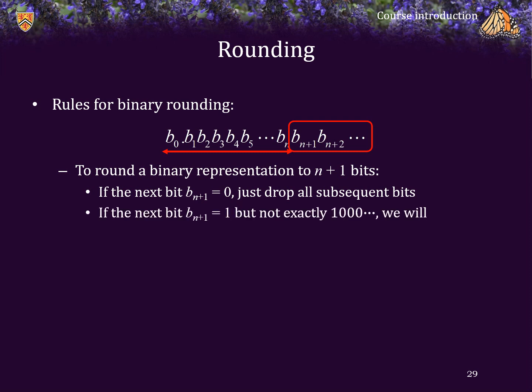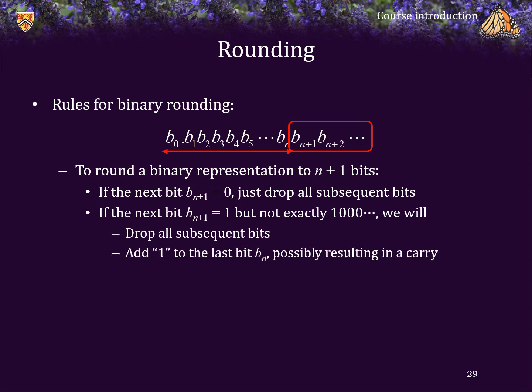If the next bit is 1, but all following bits are not all 0, so if even one bit following that last one is not 0, we will then drop all subsequent bits, but we will add 1 to the last remaining bit, and again this may result in a carry.